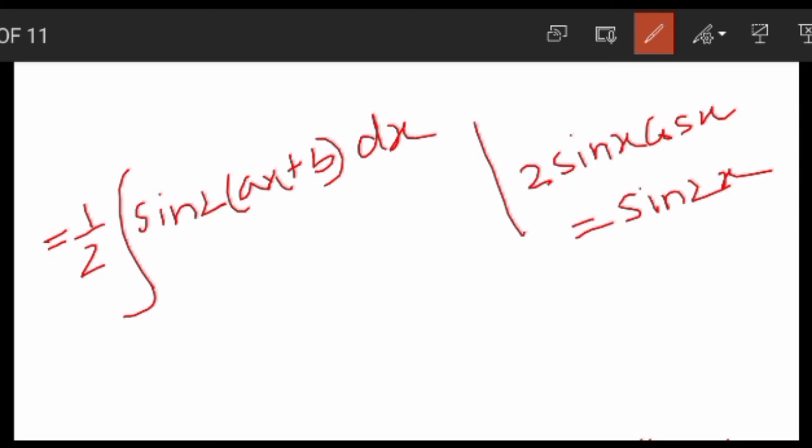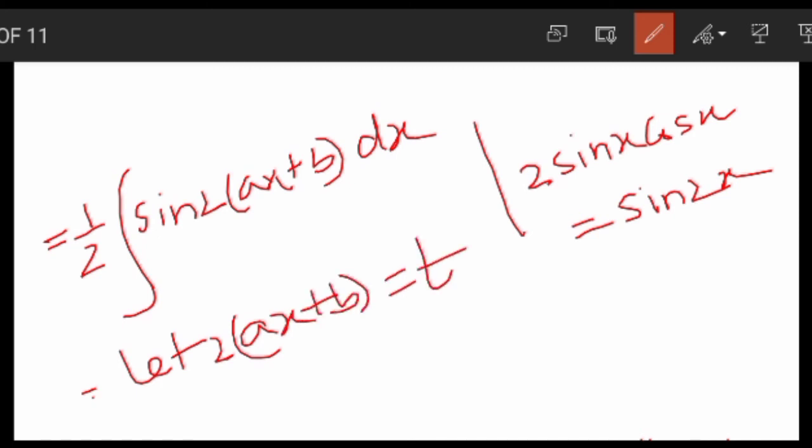Okay, now let 2(ax plus b) equal to t. Now differentiating both sides, we have 2a dx equal to dt.